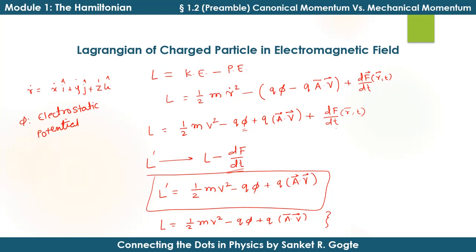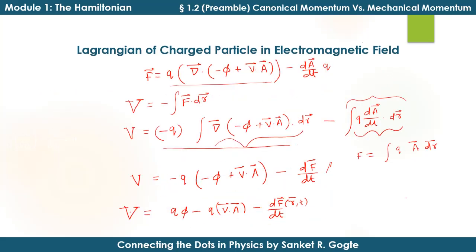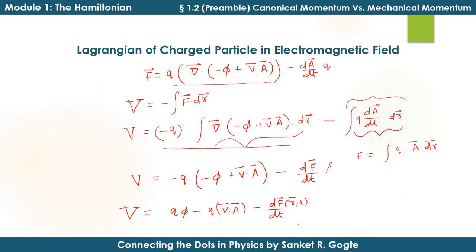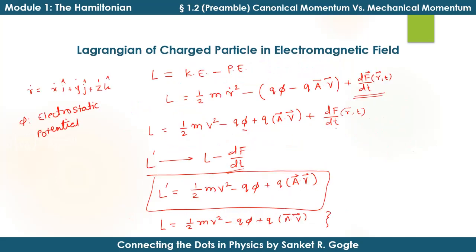Since we have got rid of this second term df by dt, the dA by dt term, which is present in the force, or which is present in the potential energy, is now absent from the equation that we have.